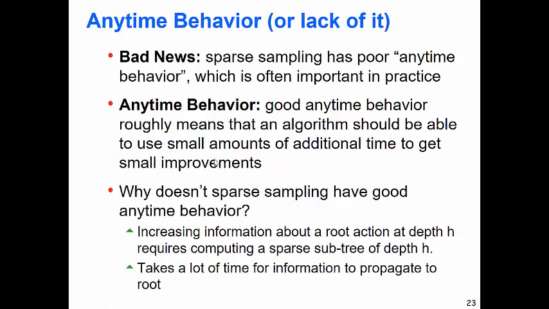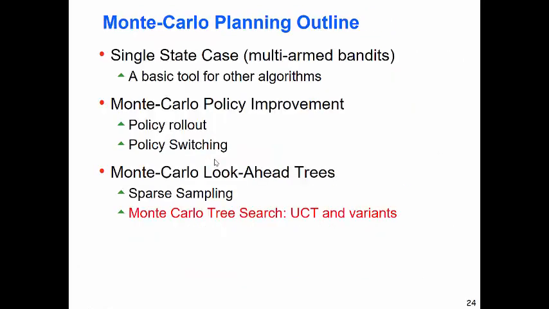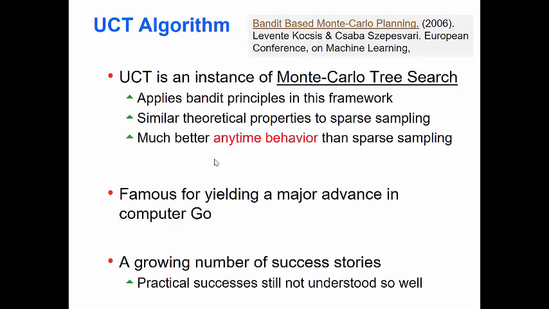All right, so this is where the idea of Monte Carlo tree search comes in. I've got a lot of slides for this, but I'm going to give you a quick tour that gives you the basic idea. There's really not too much to it.